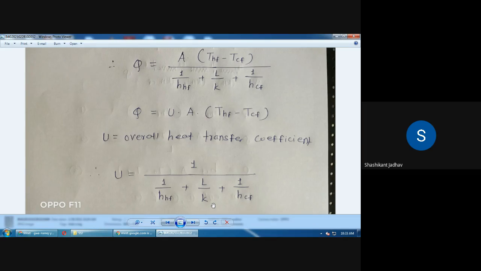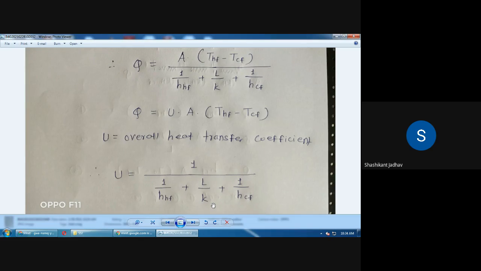Okay, now we have derived so many derivations. First derivation is for the heat conduction through the plane wall. Then we derived the equation for heat conduction through the composite wall. After that we saw one concept, thermal diffusivity, and after that we derived the equation for the overall heat transfer coefficient.